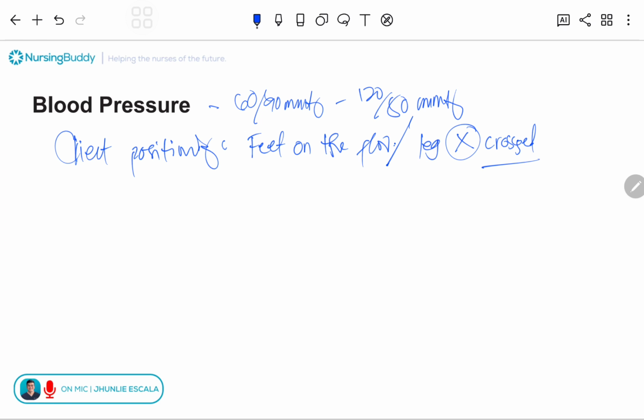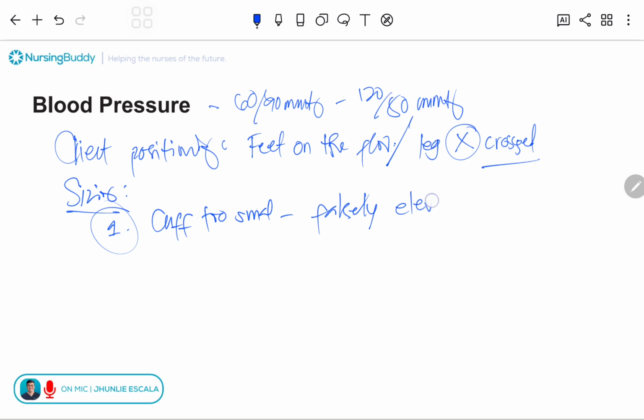Okay, so when it comes to sizing, kapatid, or when it comes to certain alterations, we just need to consider, kapag sinabi natin, kapatid, na BP taking, tandaan po natin if the cuff is too small, okay, this will give us your falsely elevated reading.